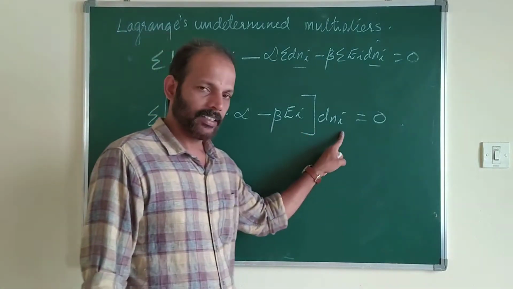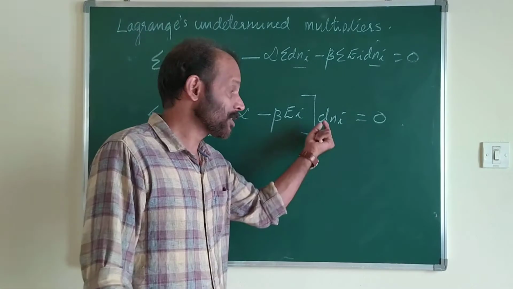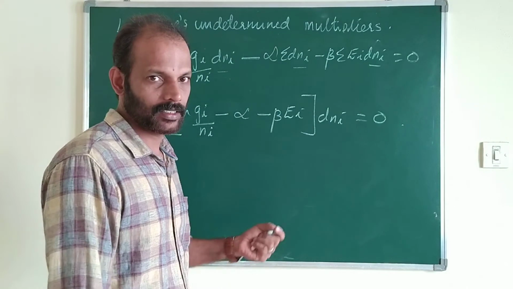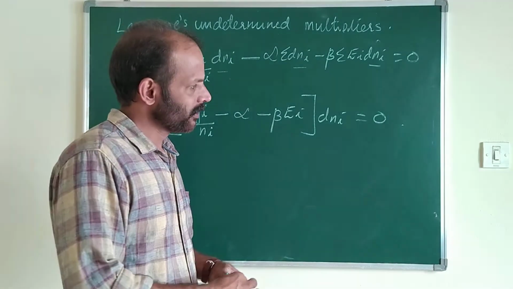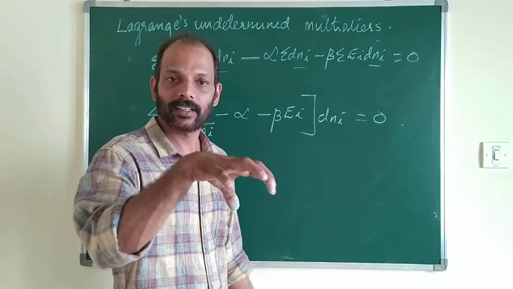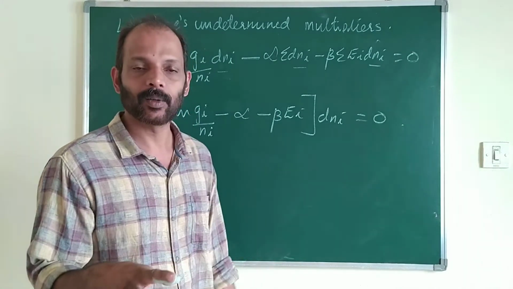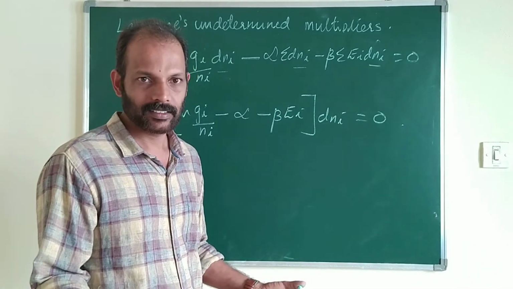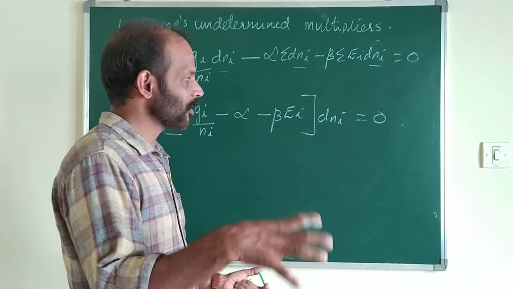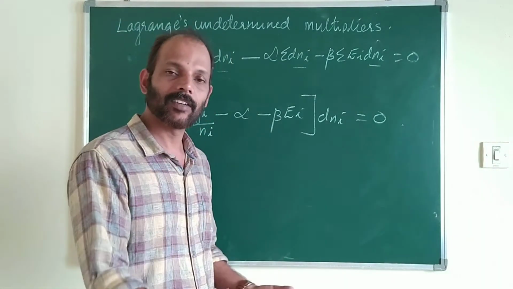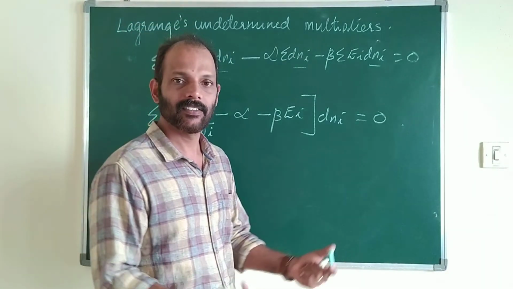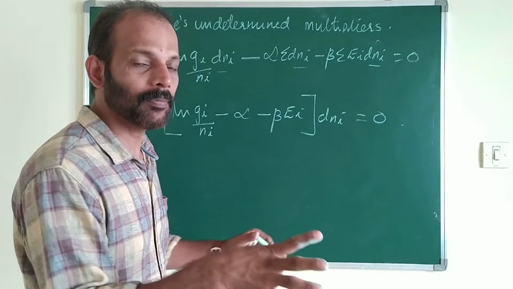And this dNi, it is the changing number of particles, the number of a specified particle. Maybe N0. N0 is the number of particles occupied in the energy level E0. It may vary. N1 is the number of particles occupied in the energy level E1. It also may vary. But the total number of particles never varies.